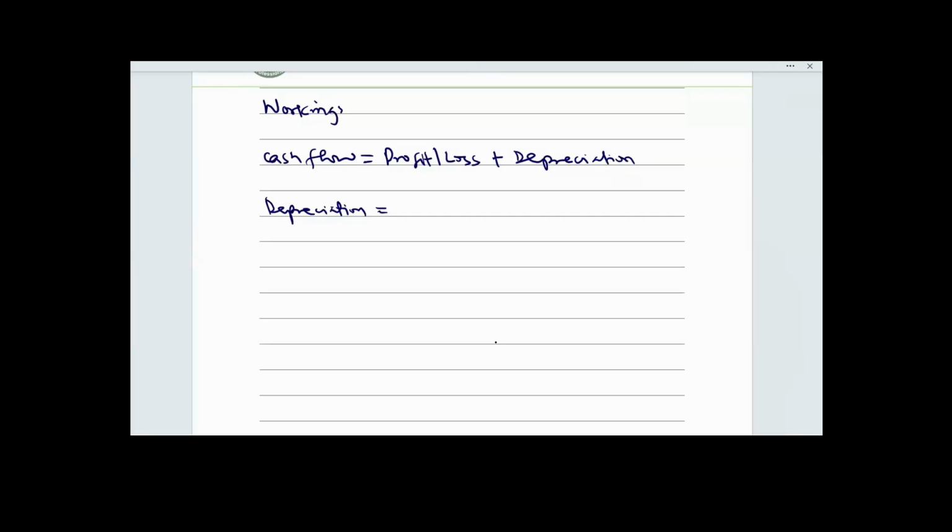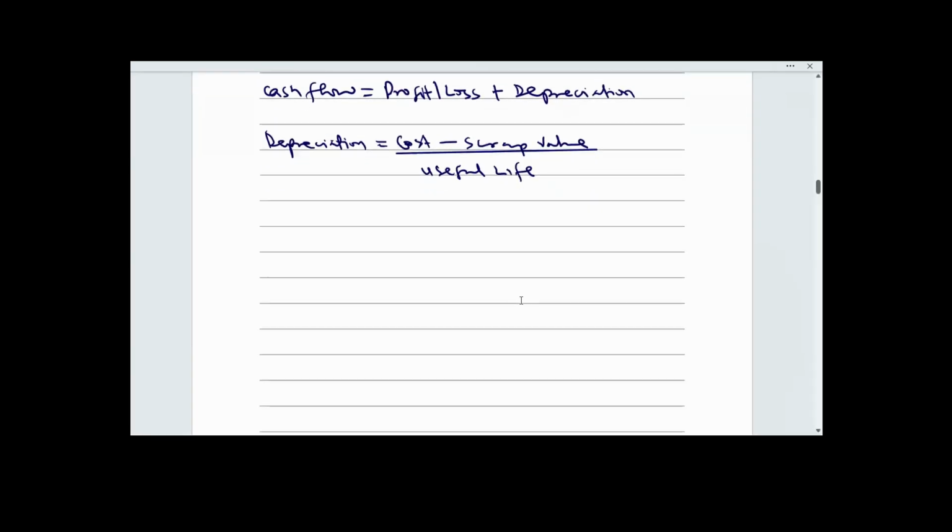Depreciation will be calculated as the cost of each project minus scrap value, divided by the useful life. So this will give annual depreciation.